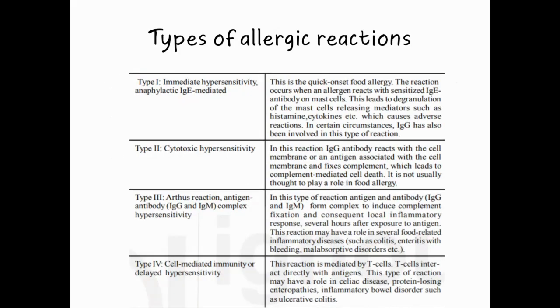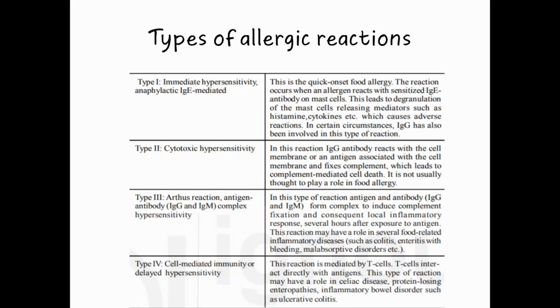Next, we will see what are the types of allergic reaction. Okay, see, we have type 1, type 2, type 3 and type 4. Type 1 is immediate hypersensitivity, anaphylactic, which is IgE mediated or immunoglobulin E mediated.